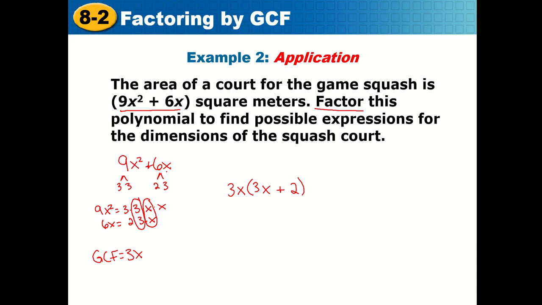I factored it out of both of those. So 3x times 3x is 9x squared, and 3x times 2 is 6x. I know these are the possible dimensions, because area is length times width. So this 3x could be the length and 3x plus 2 could be the width. Who knows? It says we're finding possible expressions for it.